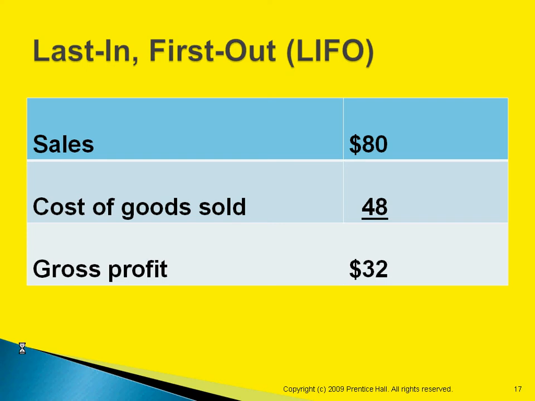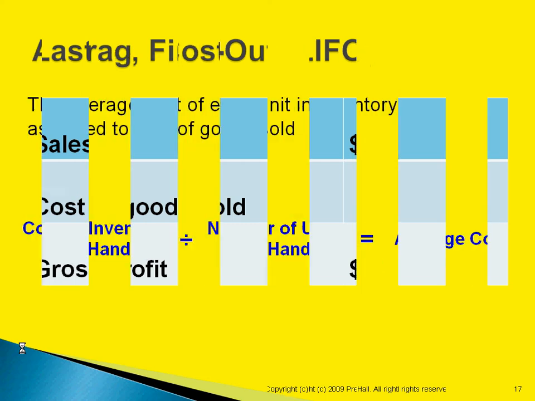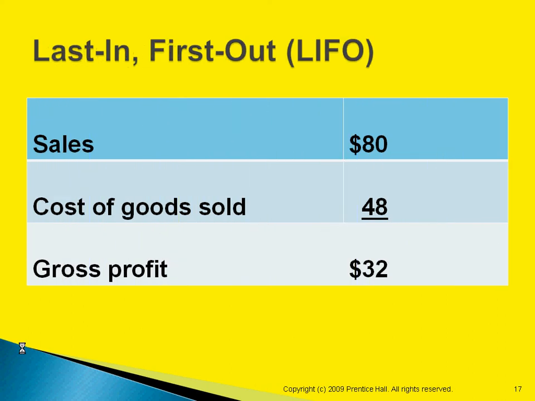Our gross profit is $32. So under last in, first out, we take the most recent costs and transfer them to the cost of goods sold as we sell our inventory. So we work from the most recent to the oldest costs. We're working backwards under LIFO.